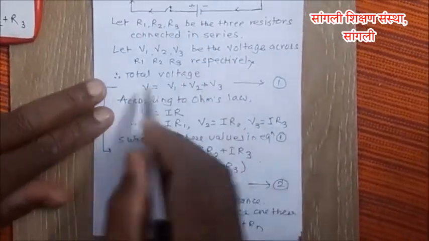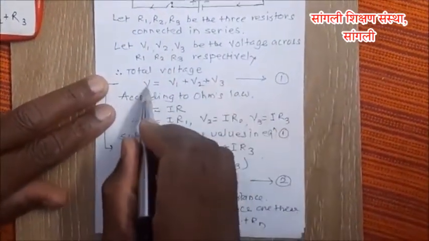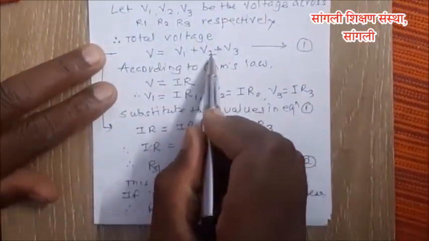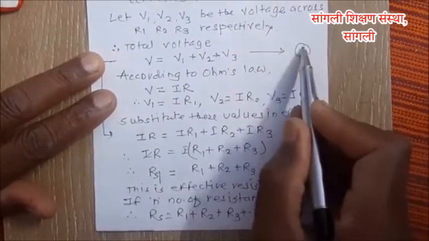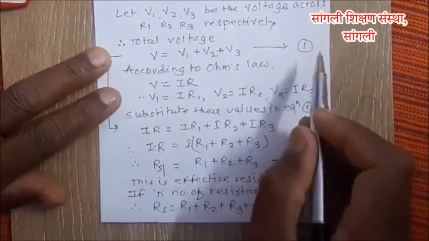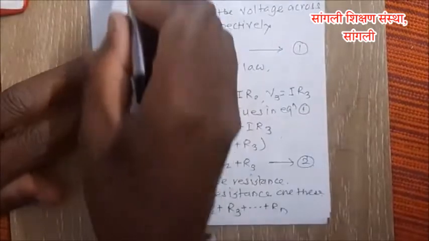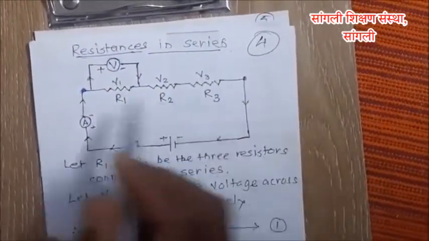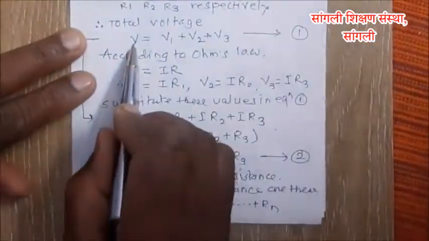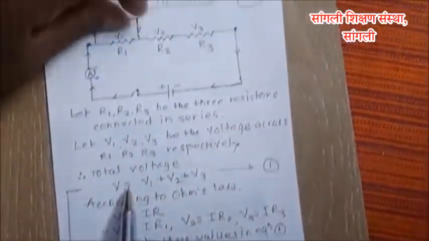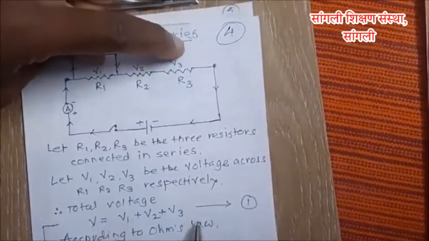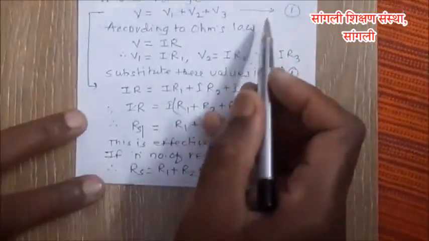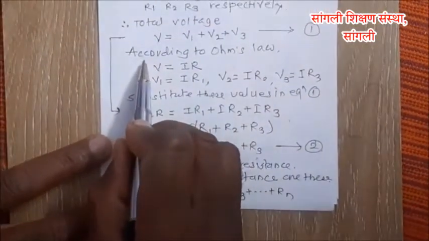Therefore, the total voltage V is equal to V1 plus V2 plus V3. This is equation number 1. Mark it as equation number 1, because the total potential difference between this point and this point is V, which is equal to V1 plus V2 plus V3, the sum of all the potential differences produced. Now apply Ohm's law over here.